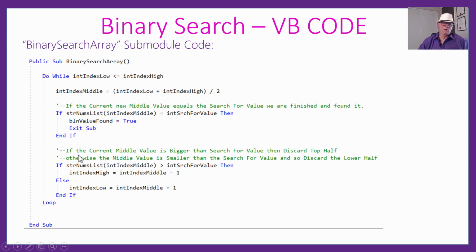But if it's not the case, then it comes down in here and shuffles around those low and high indexes. By doing that, it also chops out either the bottom half or the top half of the current data to eliminate it and narrow down our search. We start out really big, we go in half, and then we might decide we're doing the bottom half, so we go in half again.